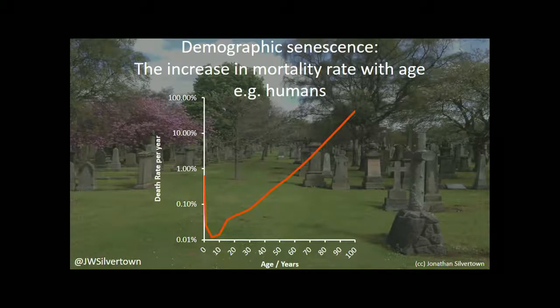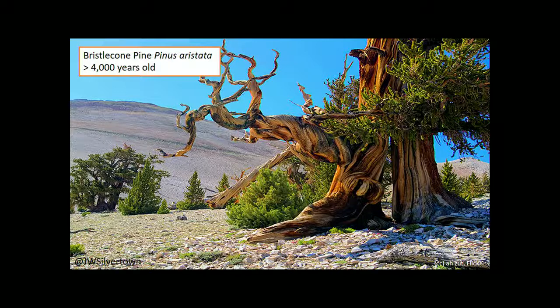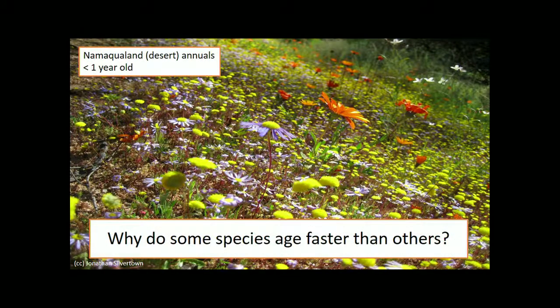is only about 50%. This is actually pretty universal among all organisms, with the exception of those that reproduce clonally. So here's bristlecone pine, looking pretty ancient and senescent, but it is actually very old. And here are some annual plants.